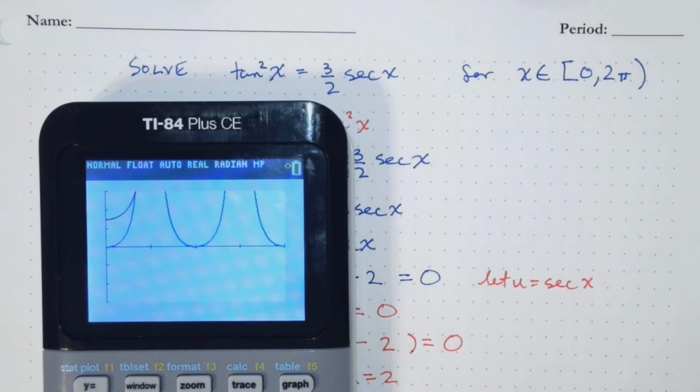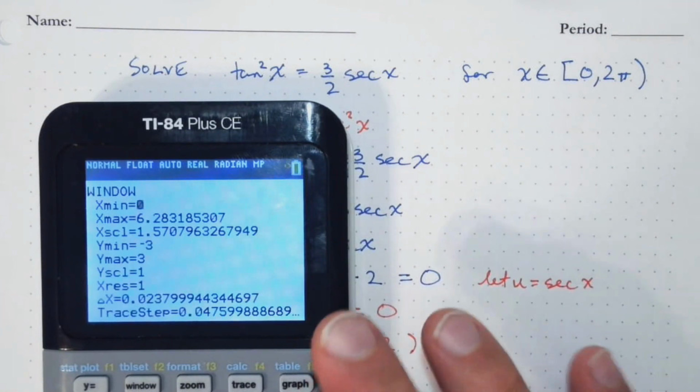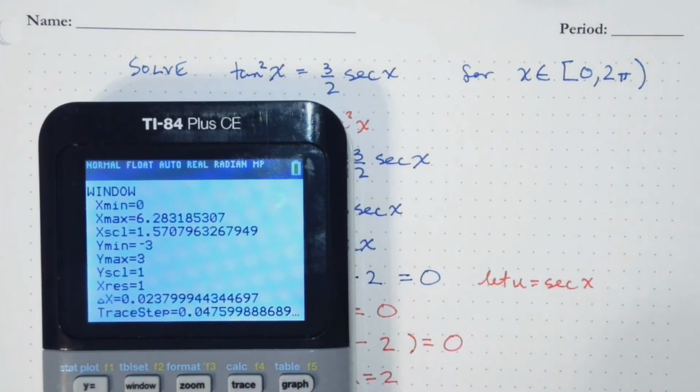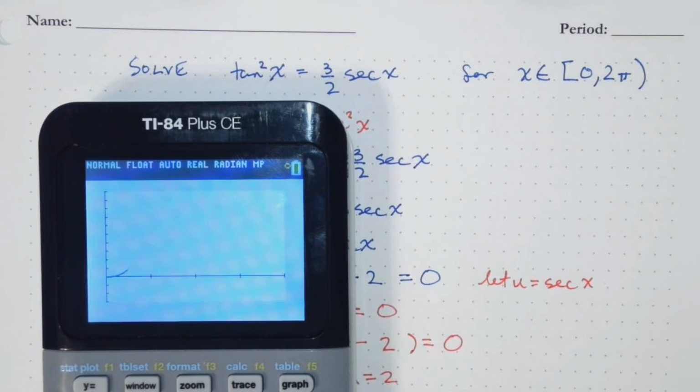It looks like we may have some intersections occurring, but we may not be able to see them. So we might need to adjust our viewing window and make our max values a little bit larger. Maybe I go to 10 and graph again.